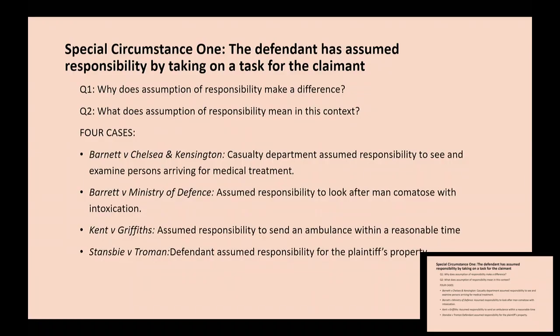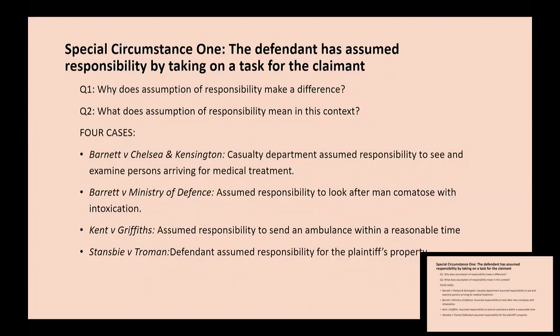So, assumption of responsibility: A takes on a task for B in circumstances where it is plausible to imply an undertaking to exercise due care in the performance of that task. Professional relationships involve assumptions of responsibility to provide some kind of professional service, and the law imposes a duty of care in that context. That explains doctor-patient and lawyer-client.